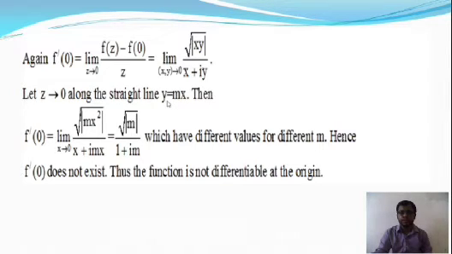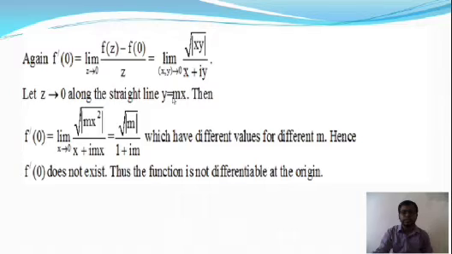And if we take m equal to 3, we get another straight line, also different from the first two. So for different values of m, we get different straight lines.